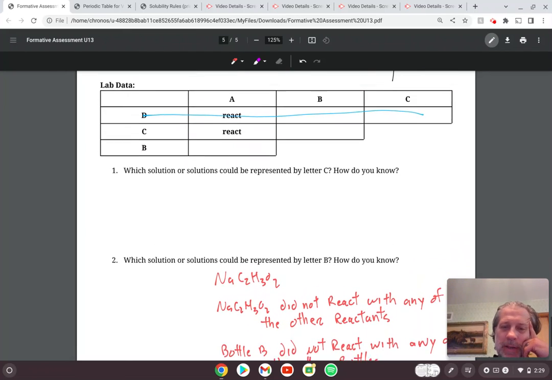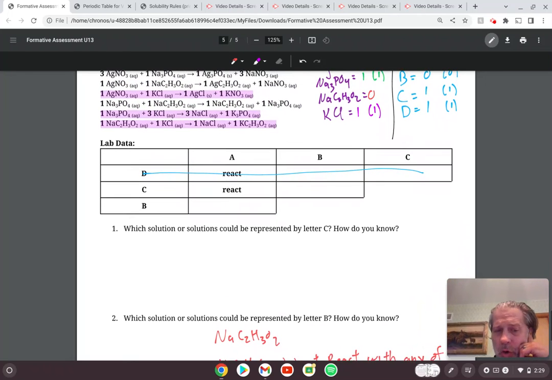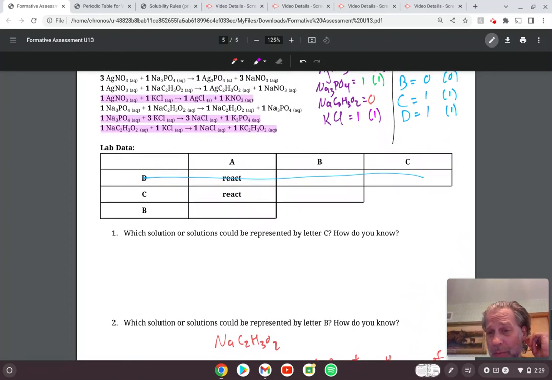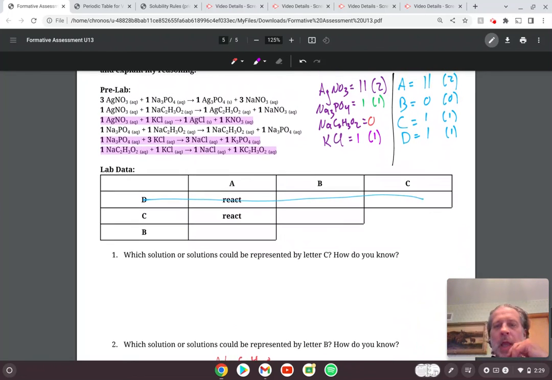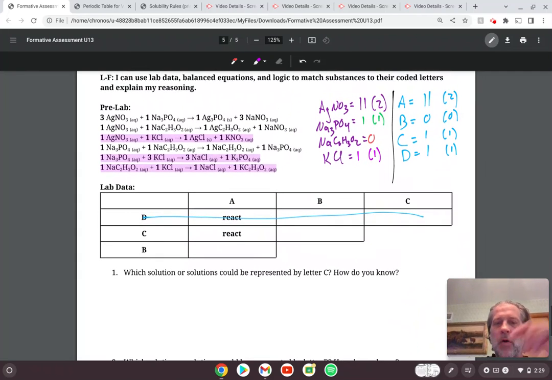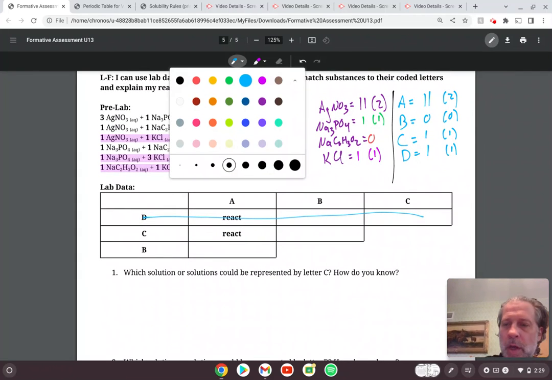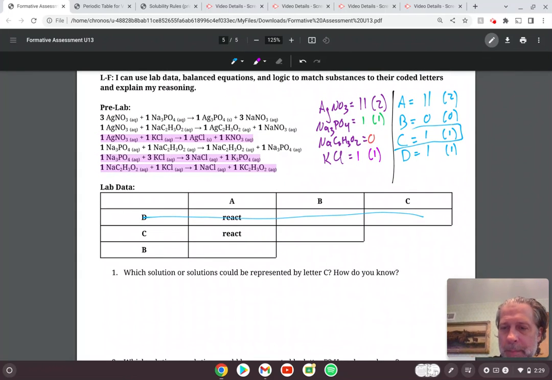The next question asks me to identify which solution or solutions could possibly be represented by letter C. Letter C, according to the data table, only reacted one time. That means that, looking at my data, it could be Na3PO4 and it could be KCl.